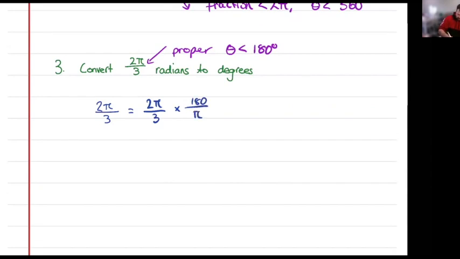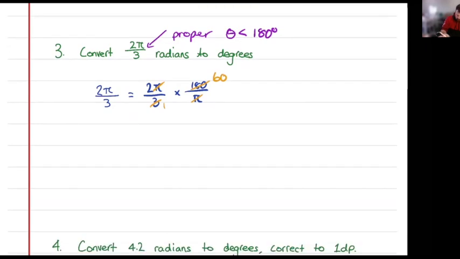And let's simplify fractions. Pi's cancel each other out. 180 and 3, that's going to become 1. That's going to become 60. So we are just left with 2 times 60 in the numerator, and our denominator is just going to become 1. So 2 times 60 is 120 degrees.